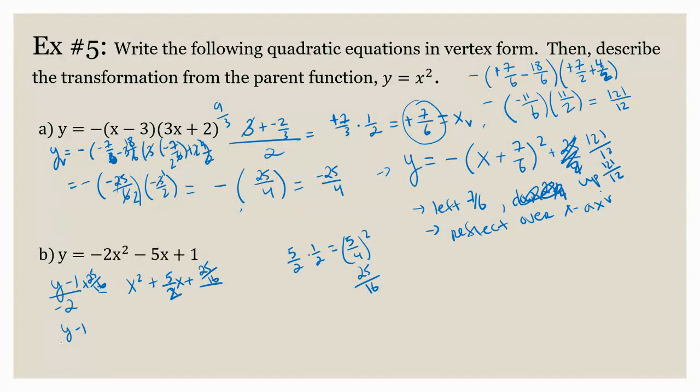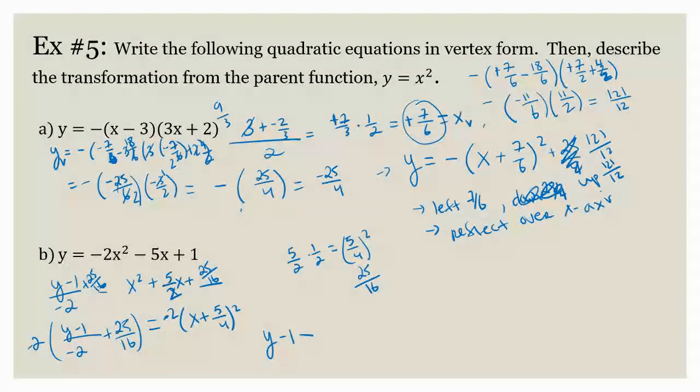So I've now got y minus 1 over negative 2 plus 25 over 16 equals x plus 5/4 squared. I'm going to multiply everything, both sides, by negative 2. And that will make sure you distribute that. So that will give me y minus 1 minus, right?